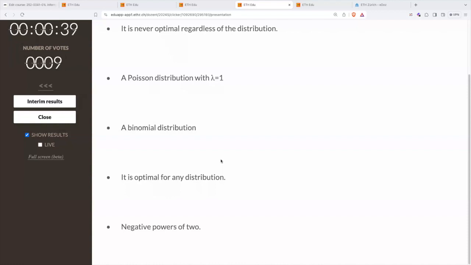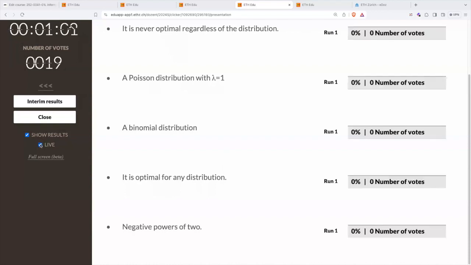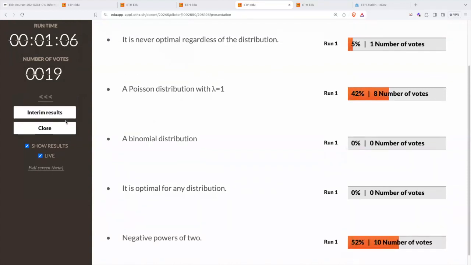So what do you think? When is the unary encoding optimal? All right.